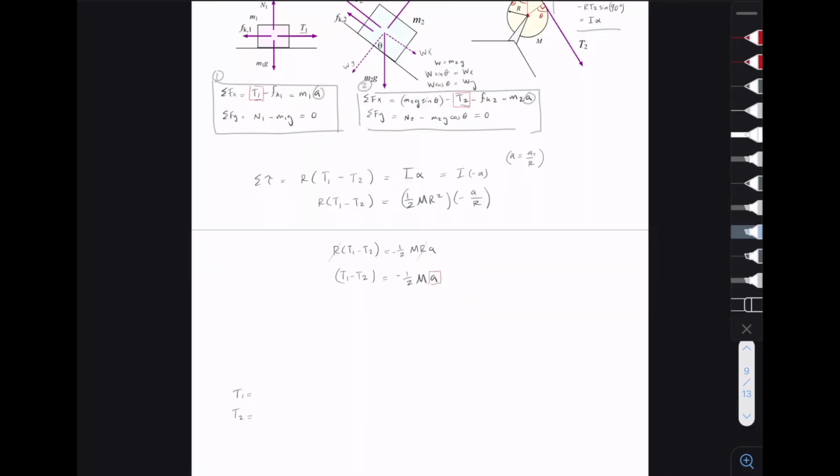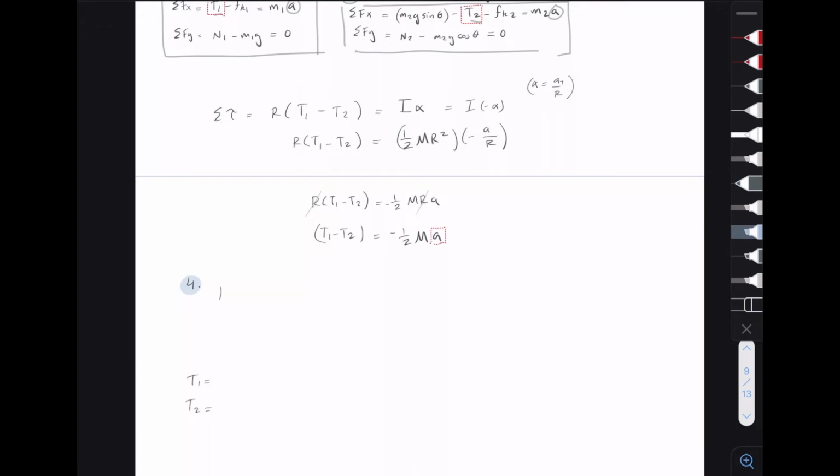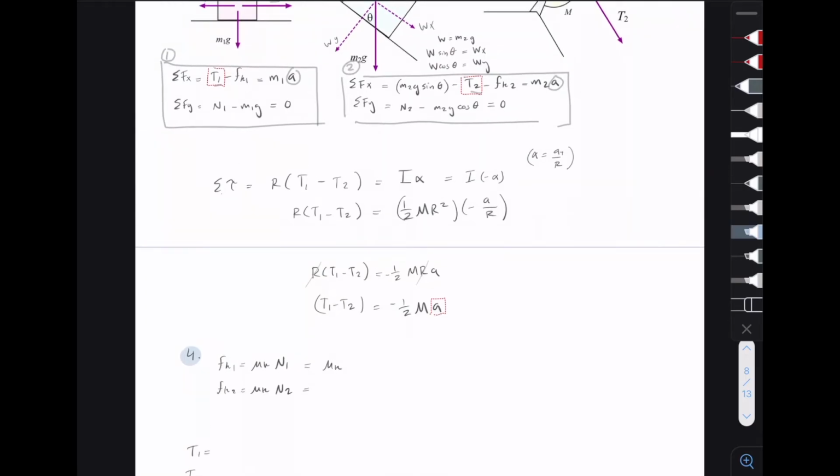Quick, before I do that, let's also do what we talked about in part 4, where we just figure out our FK1 and FK2 expressions. FK1, FK2. Okay, so that's equal to mu k times N1, mu k times N2. You need the normal force on the surface that the friction is acting on, okay? So mu k, and then what is our N1 here?